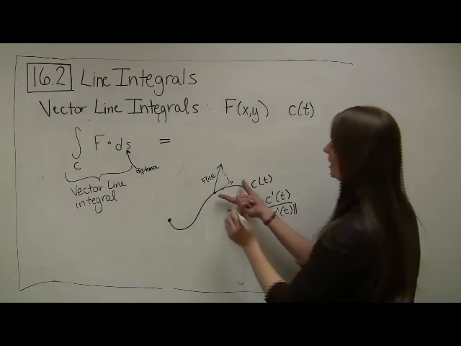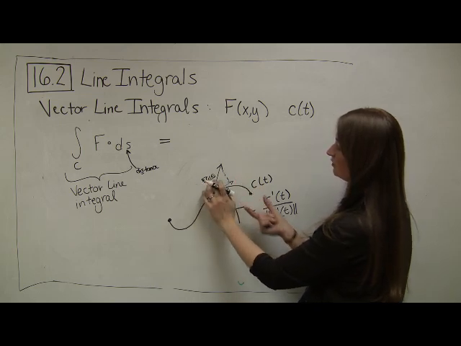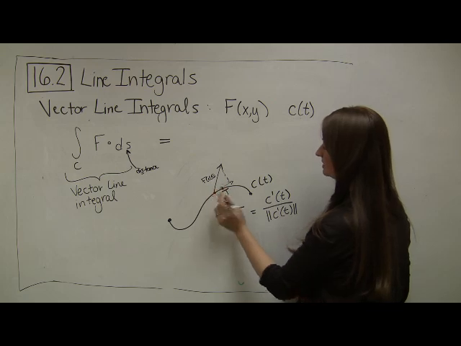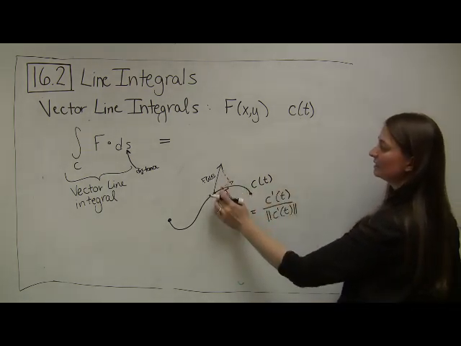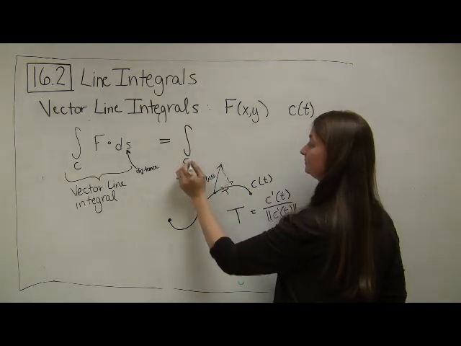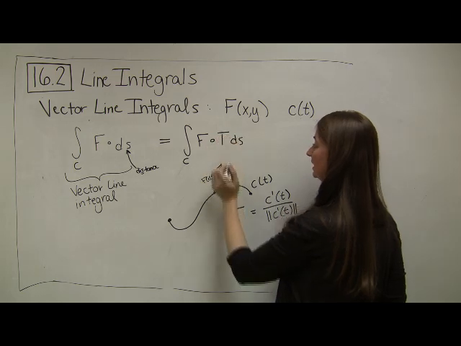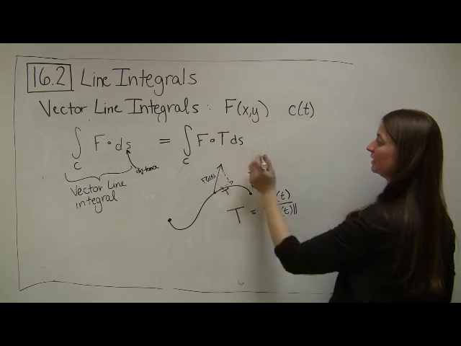And if I want to know how much of this force vector is in the same direction as my unit tangent vector, because it's already a unit tangent vector, recall that it's exactly going to be my F dotted with T. F dotted with T ds. Great, we're part of the way there.